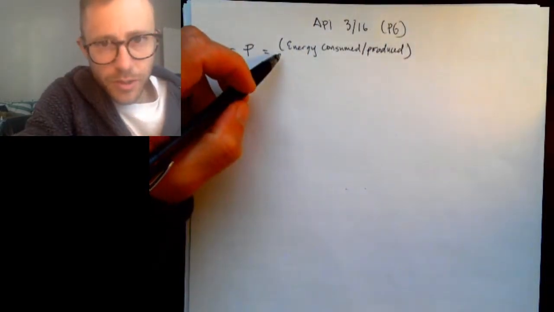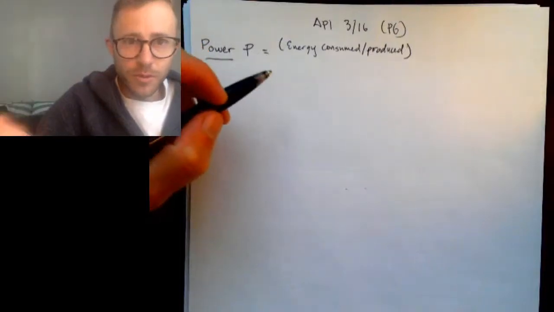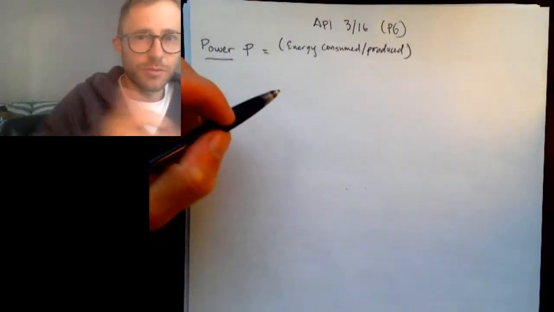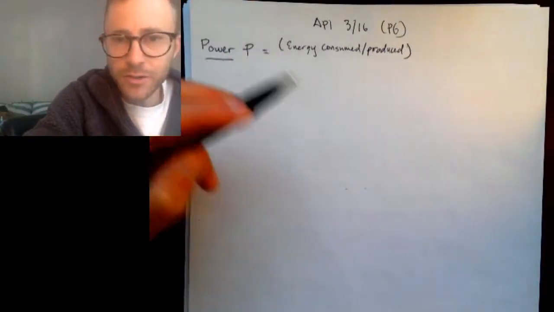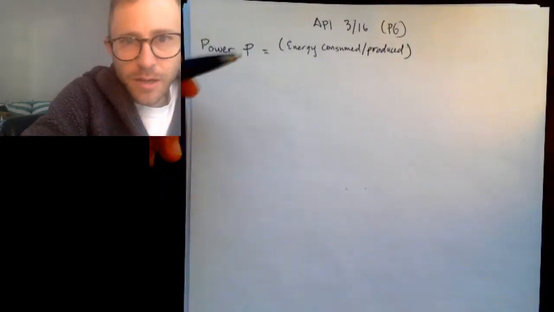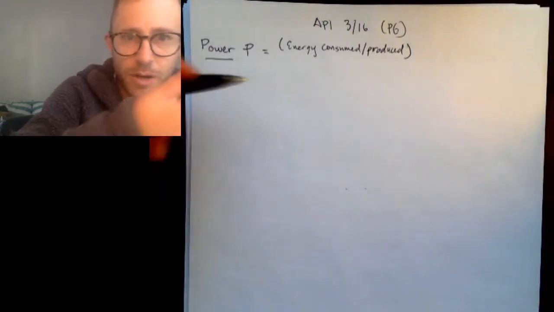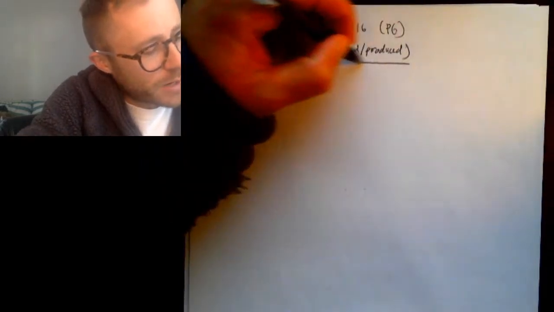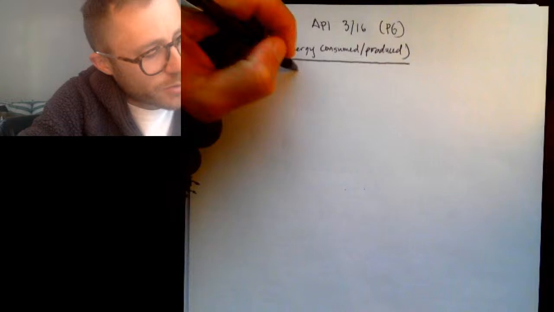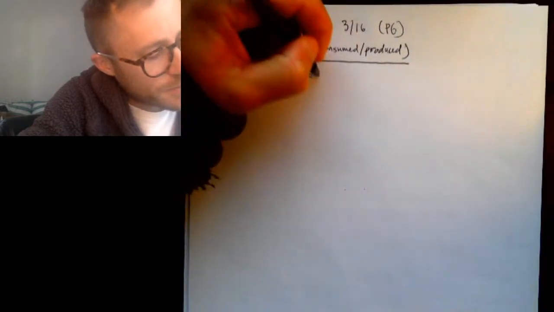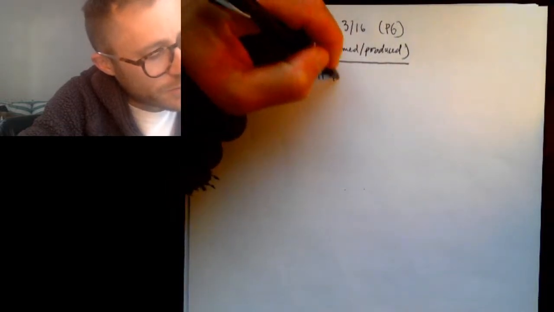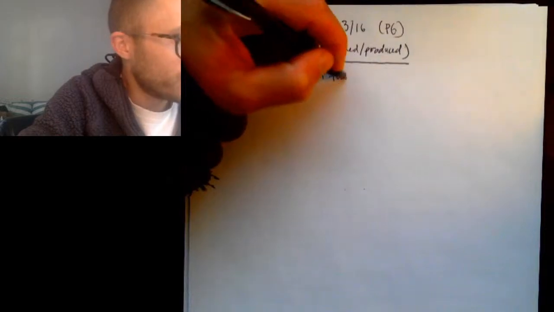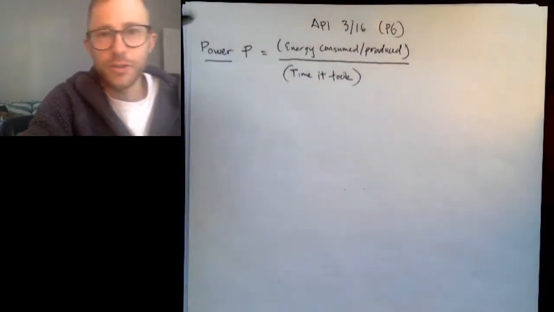We could talk about the power output of something or the power consumption of something. If it's producing energy, it's a power output. If it's consuming energy, it's power consumption. Divided by the time it took to produce or consume that energy.